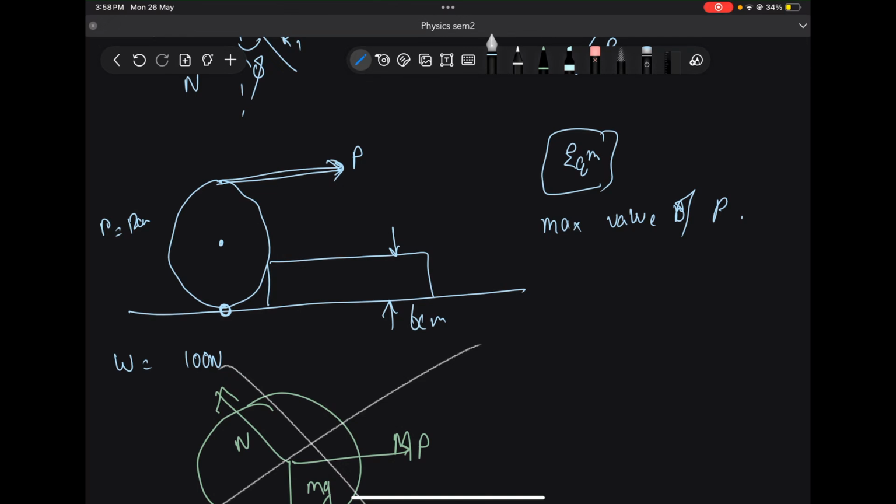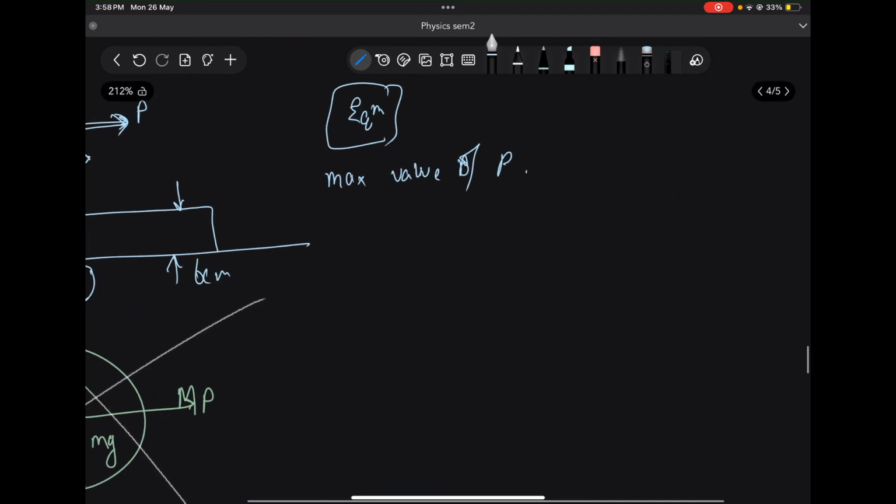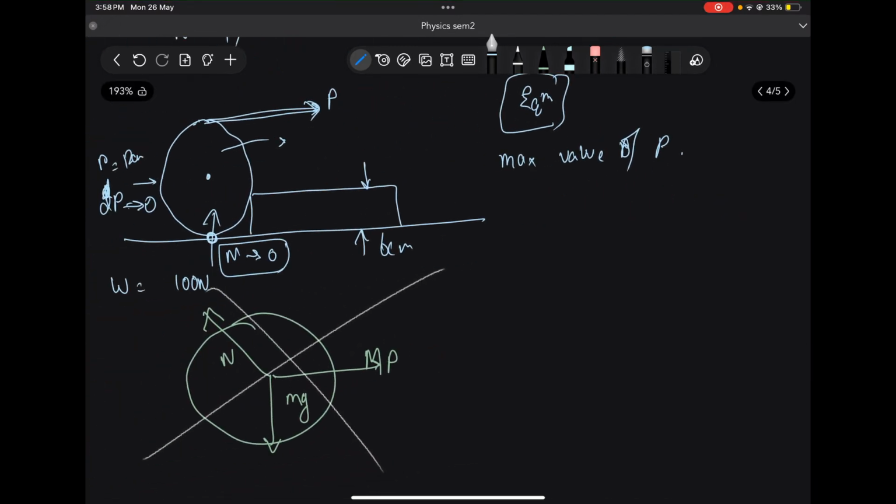So even the slightest dP, let's say dP tends to 0, will be enough for the ball to roll over the wedge. This means that there is no normal force from the ground, and this is a very important concept in solving questions like this. There's one more question similar to this which we will see, but let's first solve this.